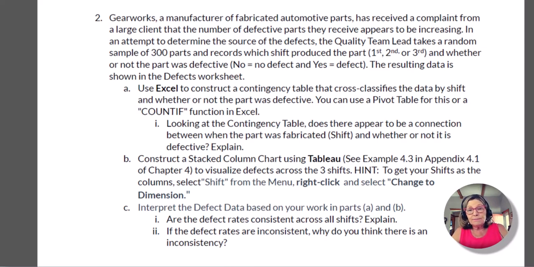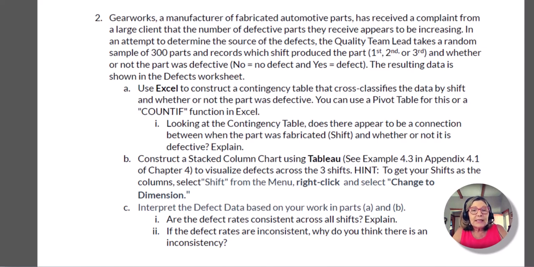And you can use either a pivot table or a COUNTIF function in Excel for that. Then in the subpart I want you to tell me, does there appear to be a connection between when the part was fabricated and whether or not it's defective? That's not a yes or no answer because I then say explain. So I'm looking for a short paragraph that's well crafted that demonstrates your ability to interpret the contingency table.